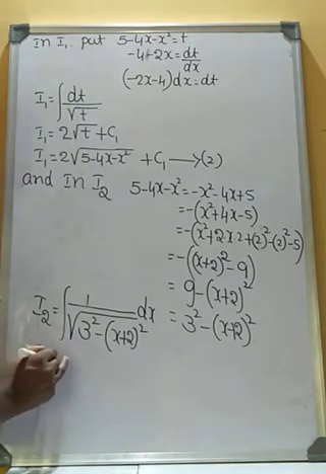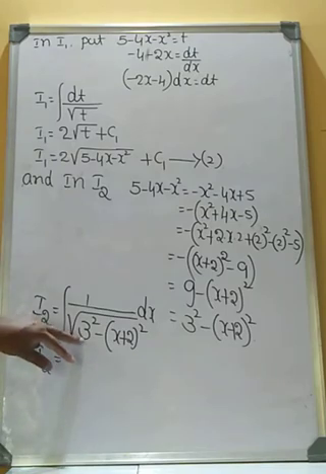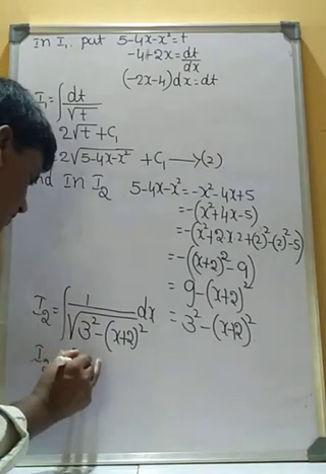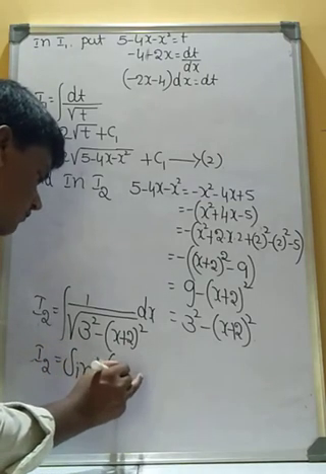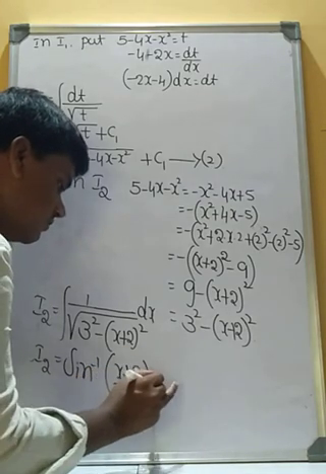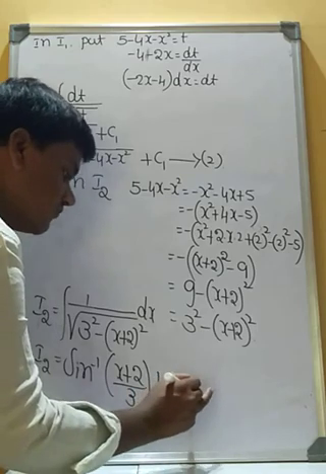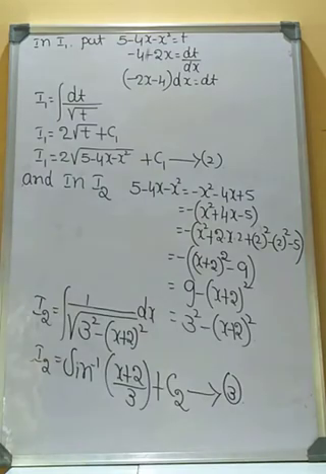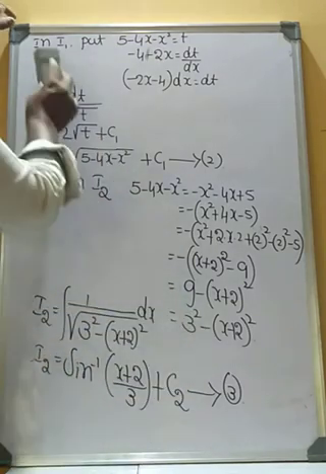That is, I2 is equal to, what is the form of this? 1 divided by root of a square minus x square, that is formula sine inverse of (x plus 2) divided by 3 plus c2. Call it equation number 3. Substitute 2 and 3 in 1.